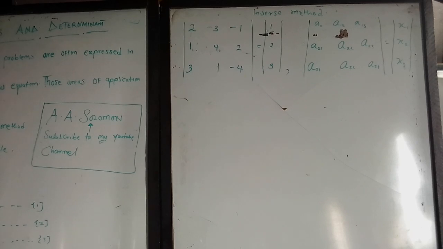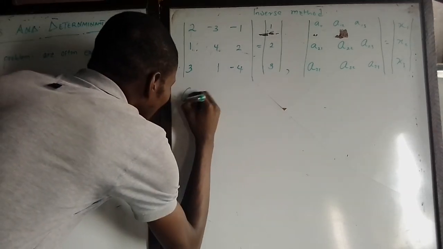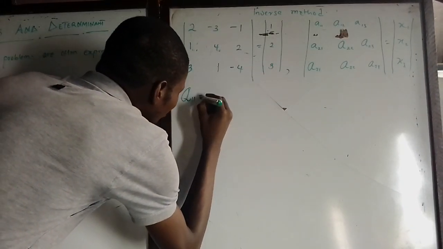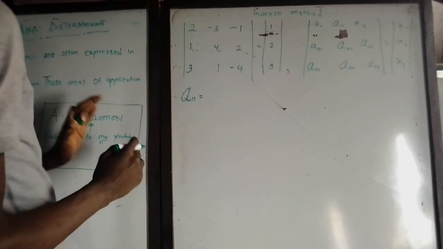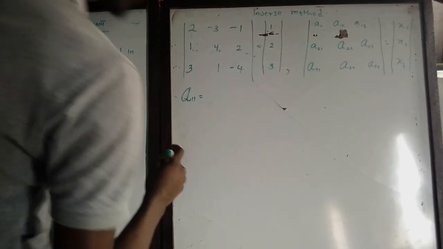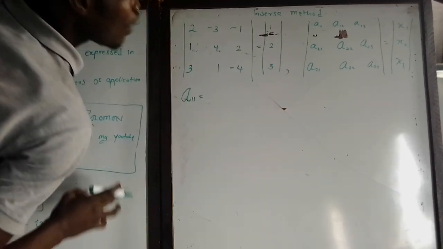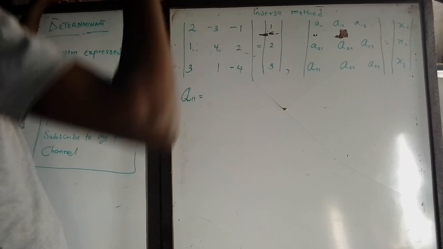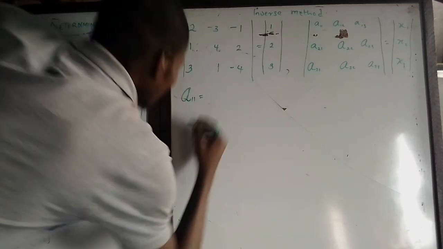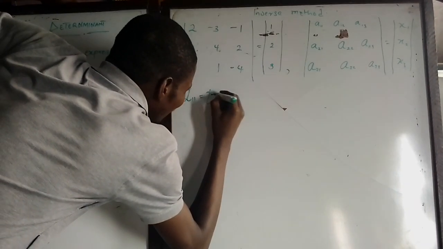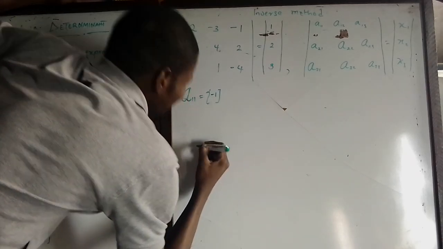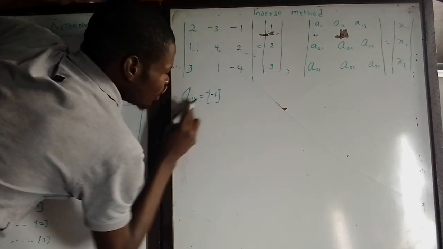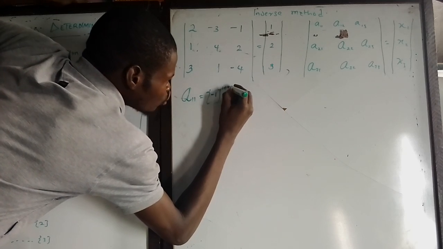So let's move forward. When you want to solve for A11, always take note that anytime you are solving inverse, you must have minus 1 as constant. Do we understand? You have to do it like this. Minus 1, always constant. Then this your 11, you repeat it as 1 plus 1.